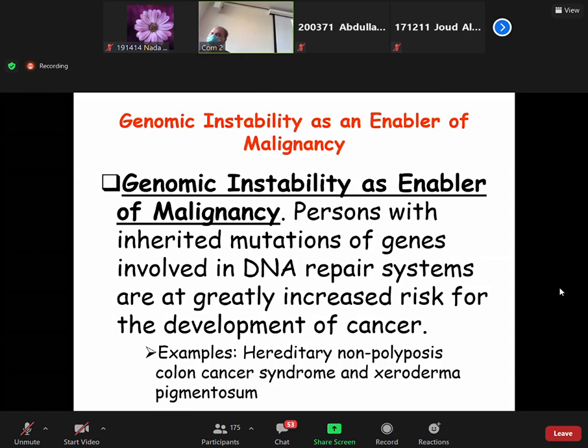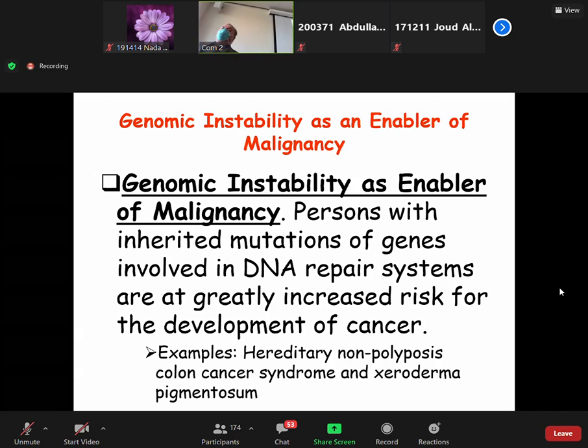Now, genomic instability, as I mentioned to you, there are those DNA repair enzymes. Let's say that a cell gets exposed to ionizing radiation. The cell will be damaged. The first thing is not really going to be killing those cells. The DNA repair enzymes are going to kick in, and if the insult is too severe for them to correct, they are going to activate the p53. The p53 will come and put the cell in one of two conditions, either apoptosis or a non-replicative state known as senescence.